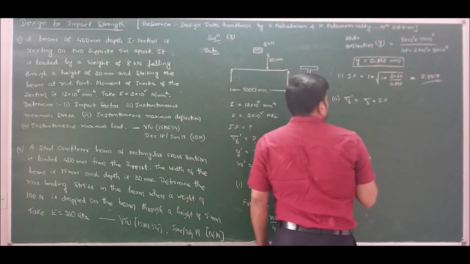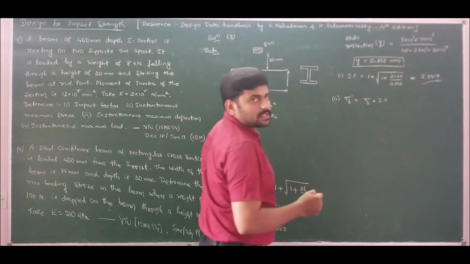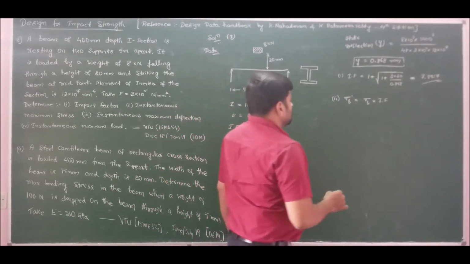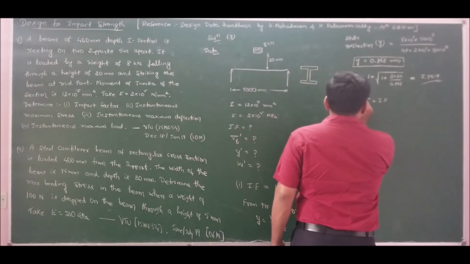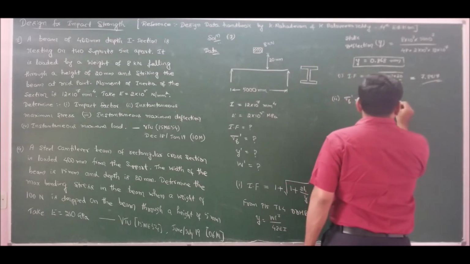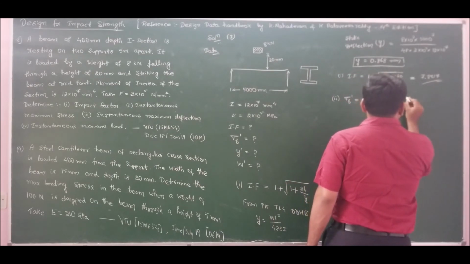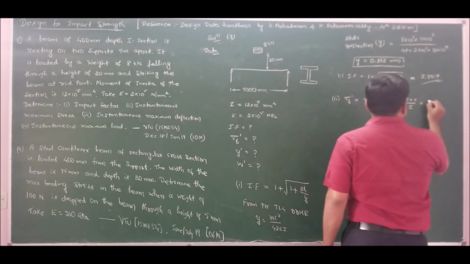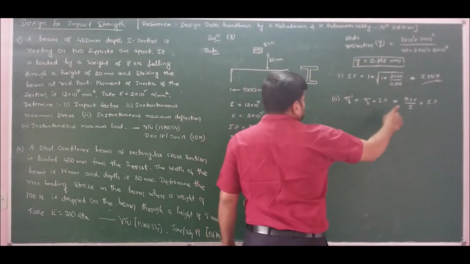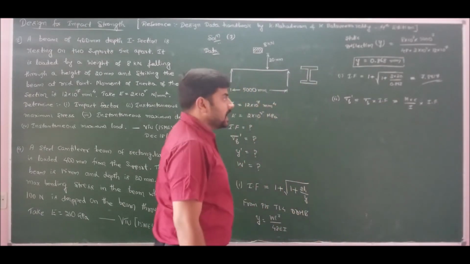The static bending stress formula is already known to us, which is M by Z or M into c by I. So if I solve for bending stress, I'll get the value as M into c by I multiplied by impact factor. Now c is the distance of the outer fiber from the neutral axis.